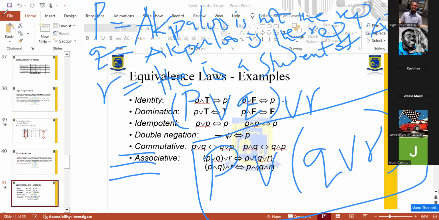Akpalu is not the rep. Is Akpalu the rep, or he's a student of ATU? Well, that is a little bit close. Akpalu is not the rep, or Akpalu is the rep, or he's a student of ATU.